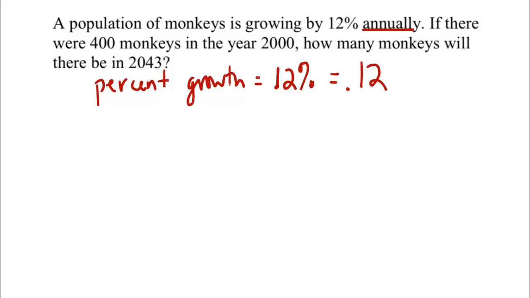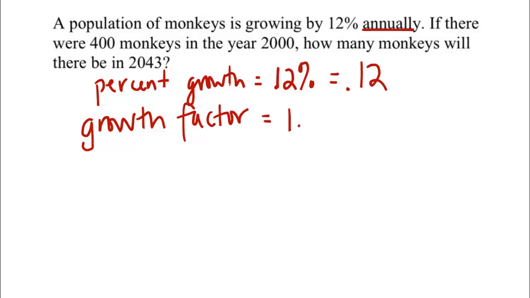If there were 400 monkeys in the year 2000, how many monkeys will there be in 2043? Let's figure out what our growth factor is. Since our percent growth is 0.12, our growth factor, since it has to be bigger than 1, is 1.12. And that, of course, is our b value.